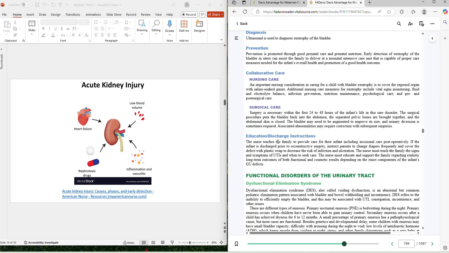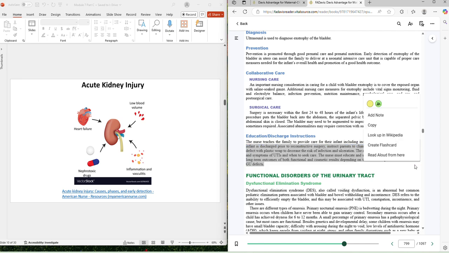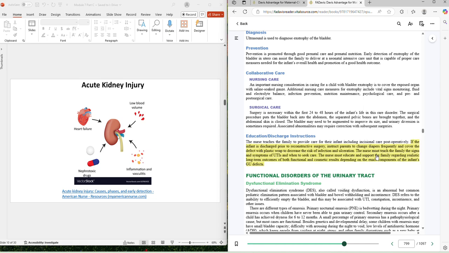So some more winks and lollipops here. You're going to teach them how to care for this. The nurse must teach the family of UTIs, symptoms of UTIs. If the infant's discharged prior to reconstructive surgery, they need to be taught to change the diapers frequently and cover the defect in plastic wrap to decrease the risk of infection or ulceration.